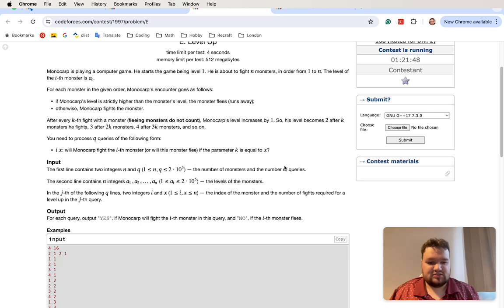And that's it. So values of k that are smaller than square root of n, we just emulate once in linear time and store everything. Just for every value of k, store for every monster whether we fight it or not.